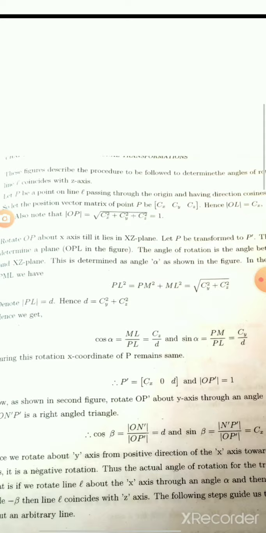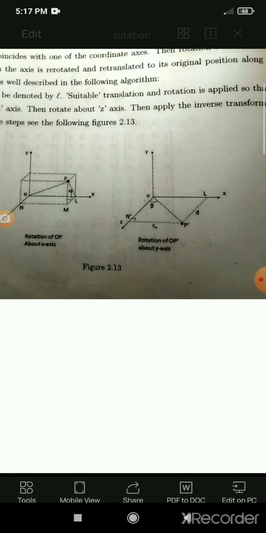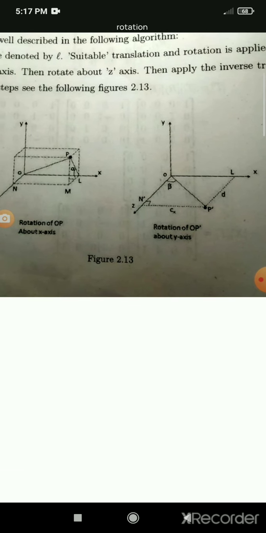Now in the second figure, rotate OP dash about the y-axis through an angle beta. Therefore the triangle O N dash P dash is a right angle triangle.